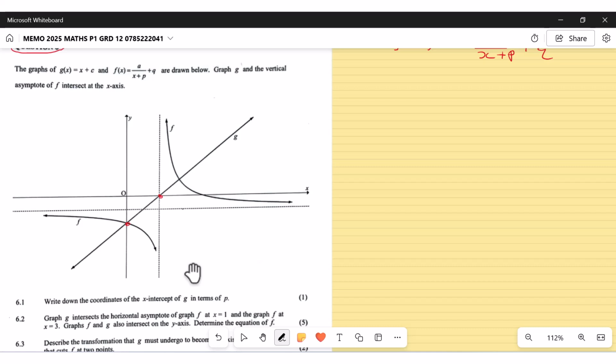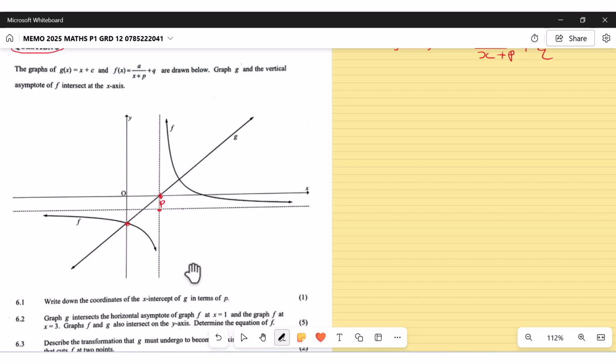Remember that our asymptotes intersect at this point here. So that's our p. Because they want the intercept in terms of p, our answer is x equals p.